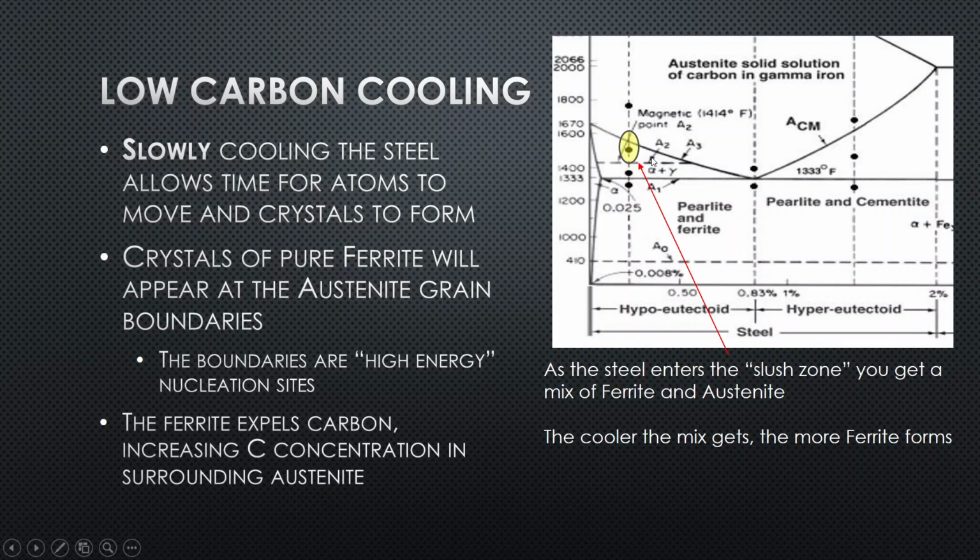And then eventually, your concentration of carbon in the surrounding environment gets as high as it can reach, and you're right down here, and you've cooled down to this point, and you get a mix of the ferrite locking in with the perlite surrounding it. It's a horrible analogy. I'm feeling guilty that I even mentioned it now, but it gets the idea across that the carbon is getting squeezed out by the ferrite.